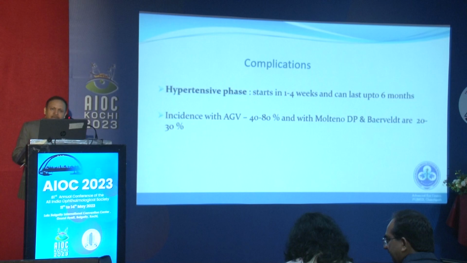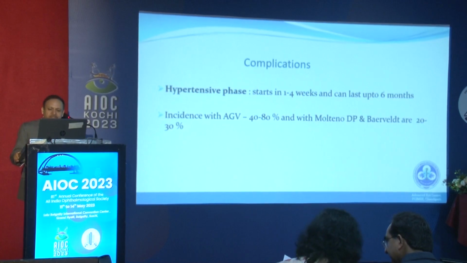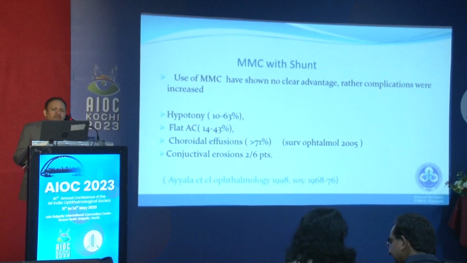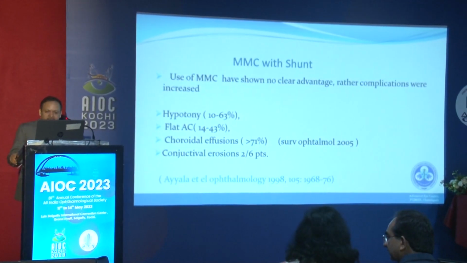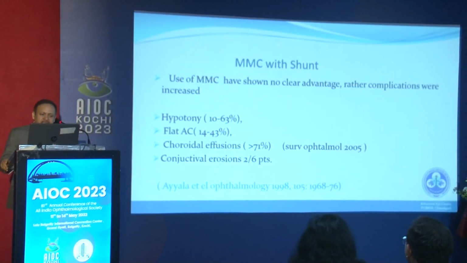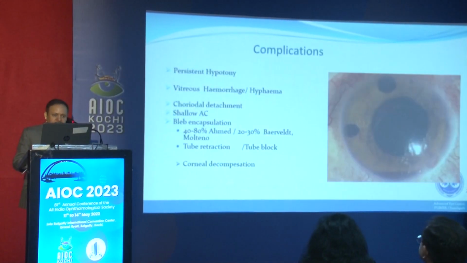Complications. Hypertensive phase is usually seen with the valve devices. With AGV, it is seen in almost 40 to 80% of patients. And use of MMC with shunt is usually not indicated. There are increased chances of hypotony, flat AC, and choroidal effusions with use of MMC.